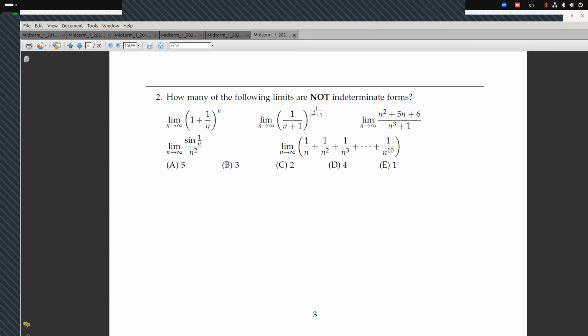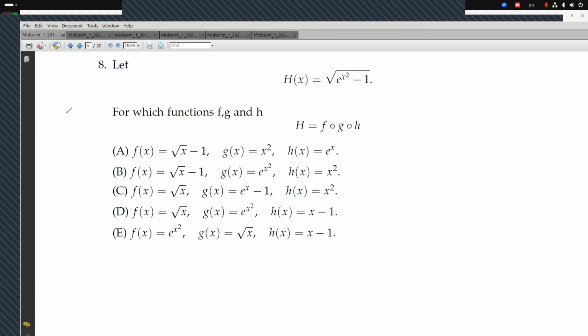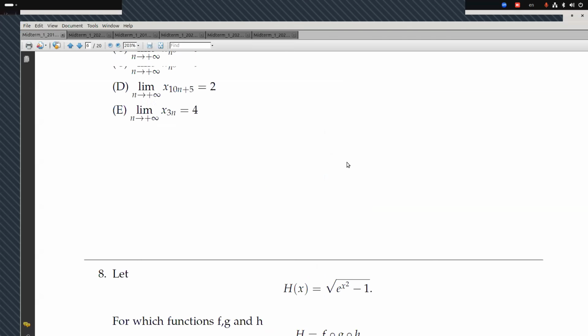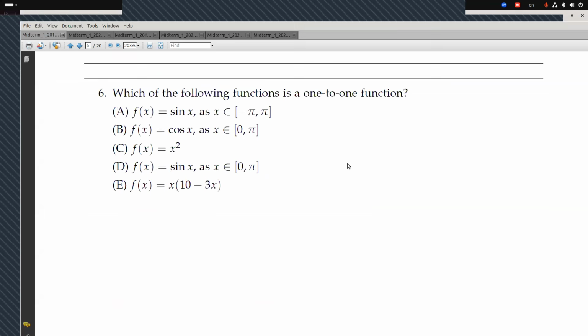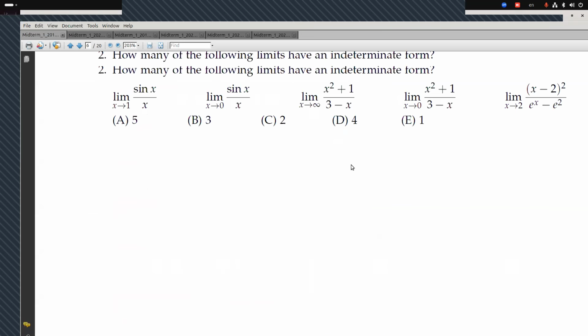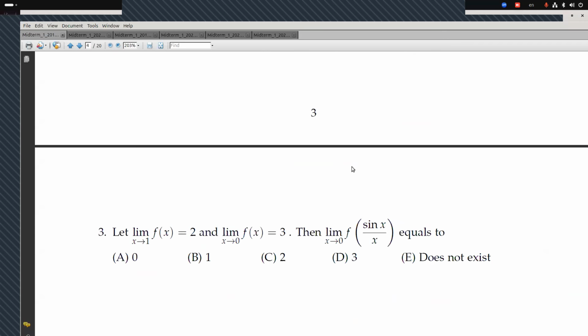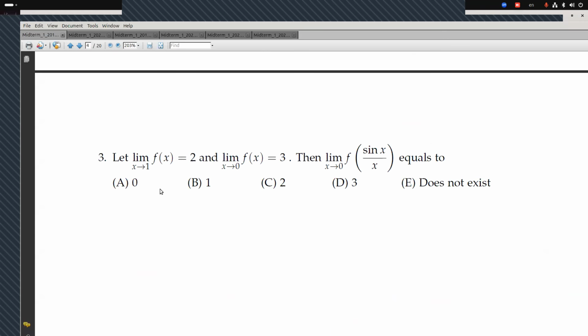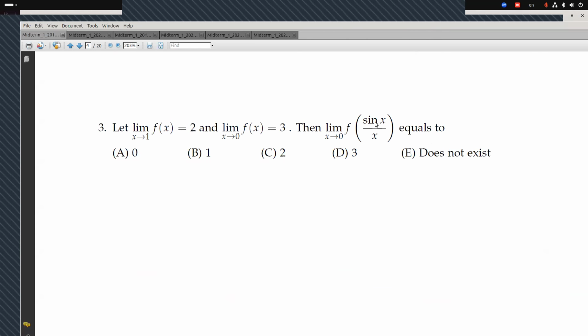Okay, thank you. Look, 2017 multiple choice number 3. Limit of functions, again, not relevant, but what is the limit of sine x over x? 1. When x tends to 0, 1. What is the limit of function f when the argument tends to 1? 2.